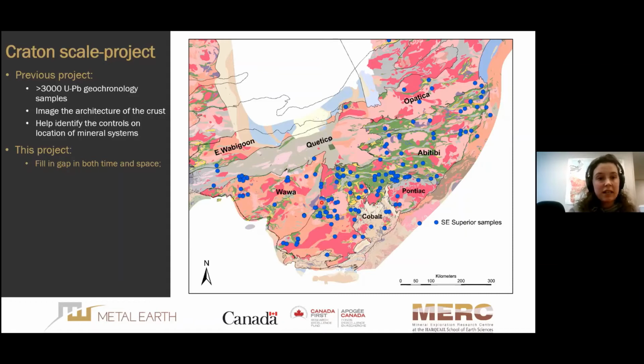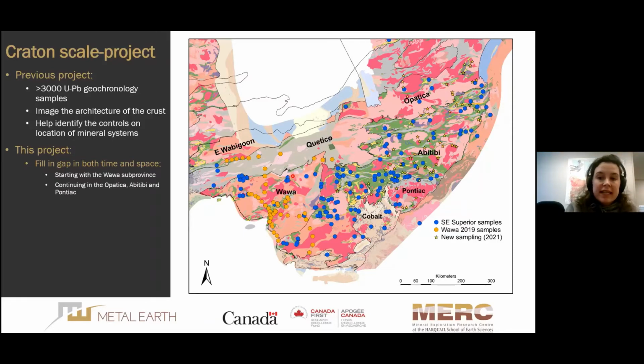The first work was done in the Wawa to try to remove that gap. In 2019, 80 samples were collected from this area, and 60 of these were selected and have now been processed.